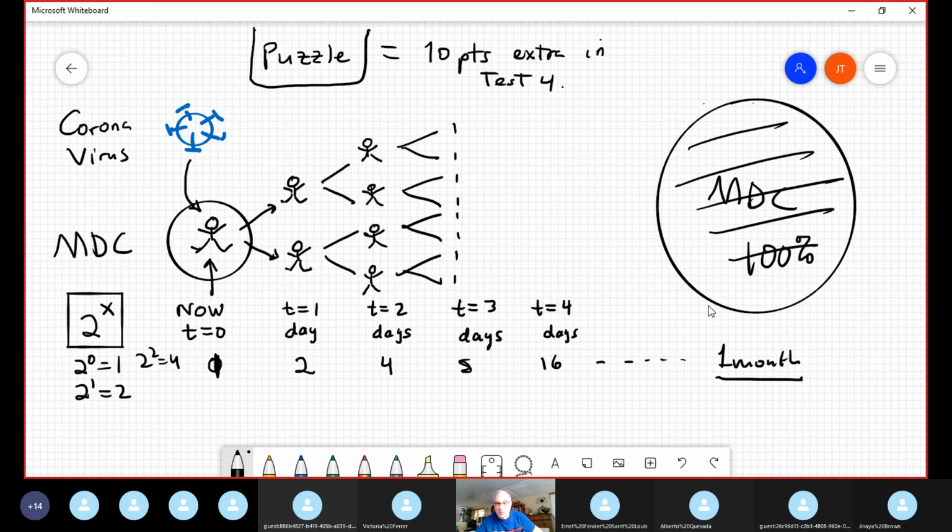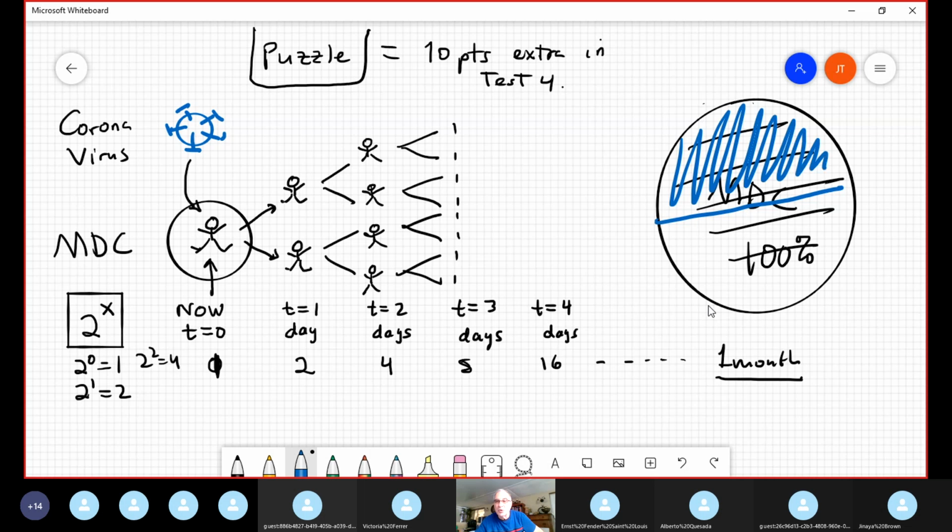But the crucial moment is when 50% of Miami-Dade College is contaminated and the other half is healthy. That is the crucial moment in which you apply the vaccine, and I save all students.